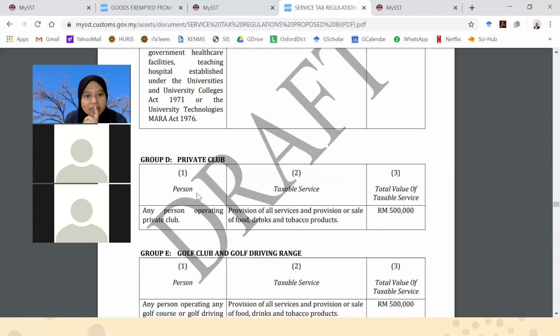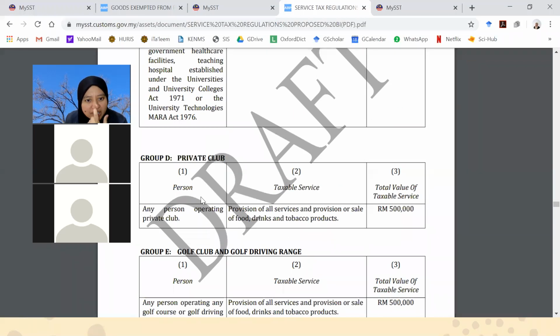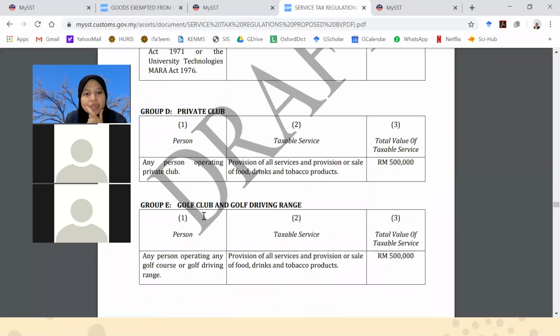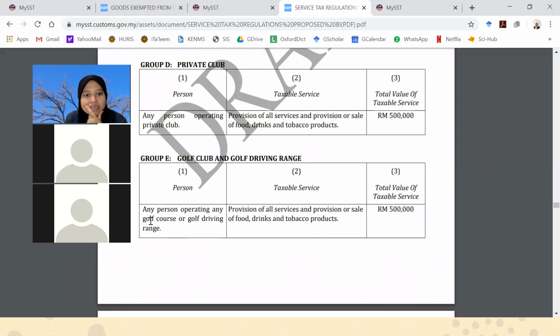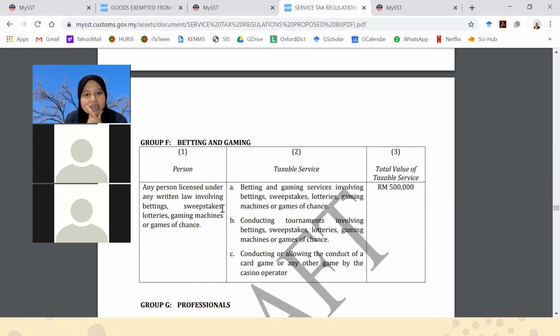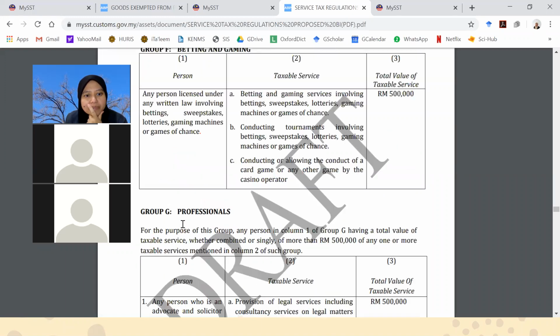And then private club, or golf club and golf driving range. And then betting and gaming.